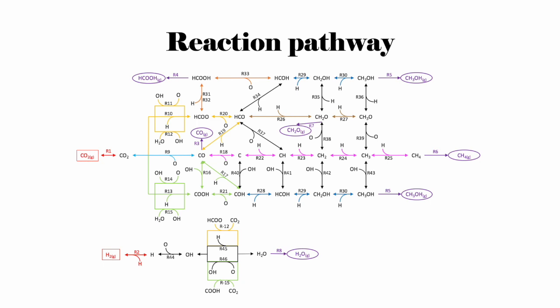Our pathway is constituted of 47 interconnected elementary reactions. Using DFT calculations, we were able to compute reaction energies and energy barriers for every elementary reaction presented here.